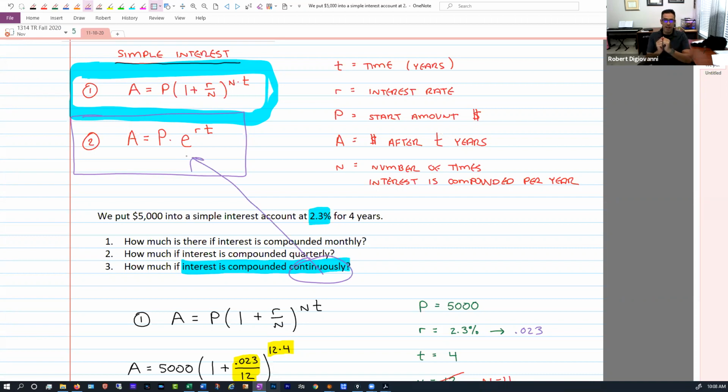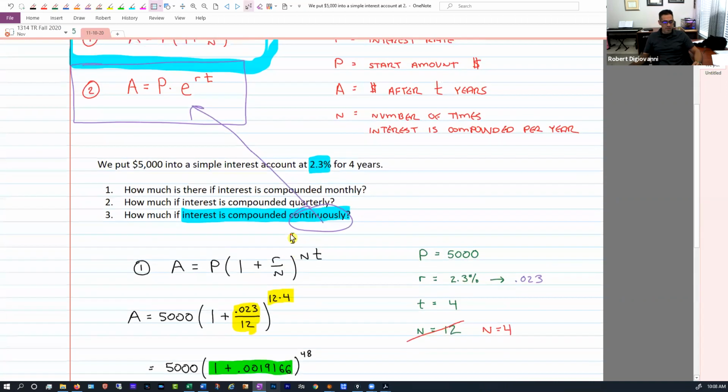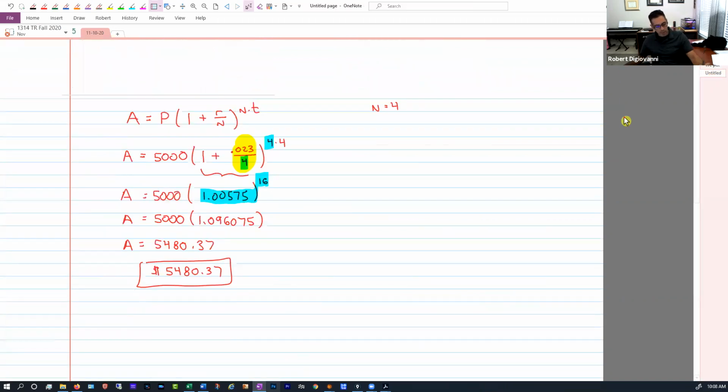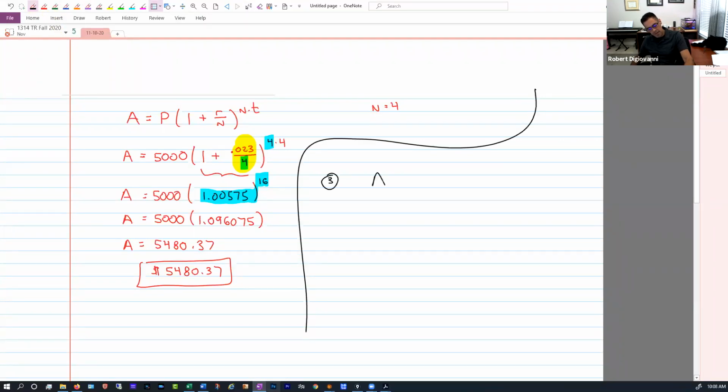If they give us an actual nice number, we can put it in there. If it's continuously, we use that formula. So let's do part 3. I'm just going to squeeze it in right here. For part 3, we're using this formula.